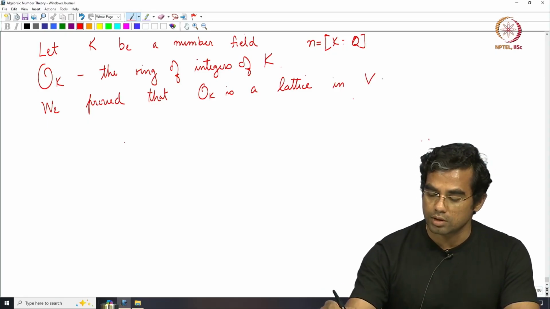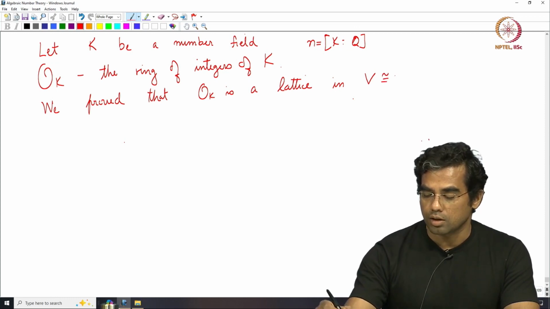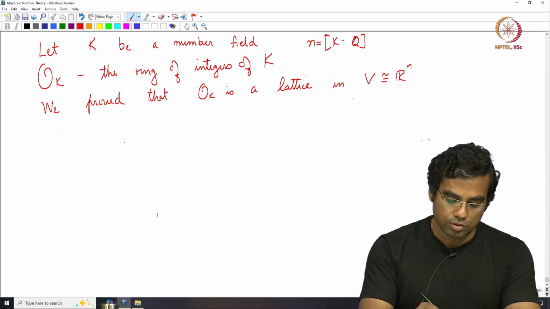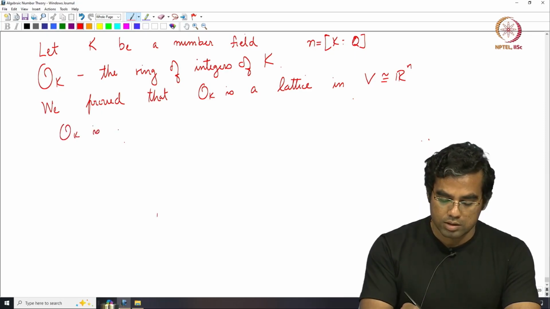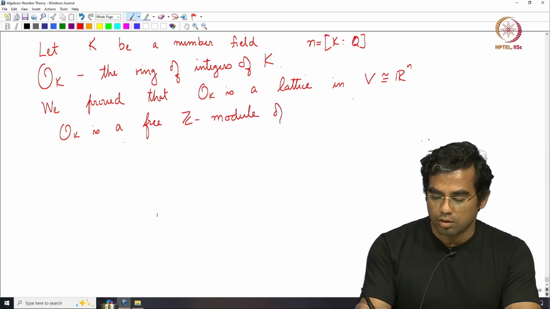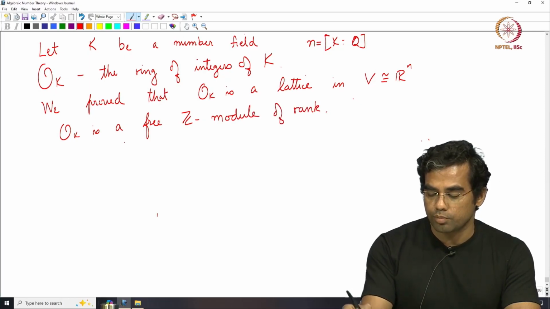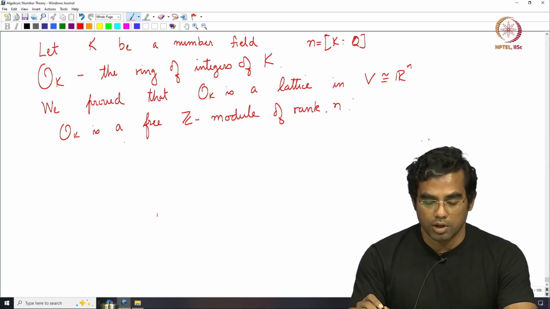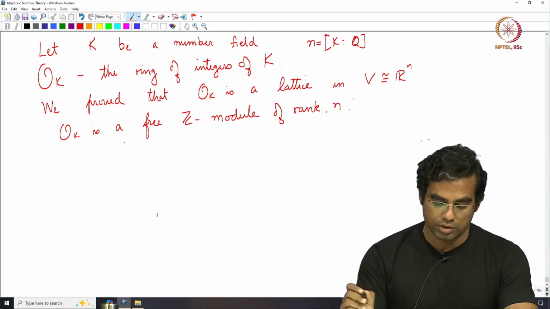It is a vector space isomorphic to R to the n, and so OK is a free Z module of rank n. So, this is what we proved earlier before we embarked on the study of Dedekind domains in general.